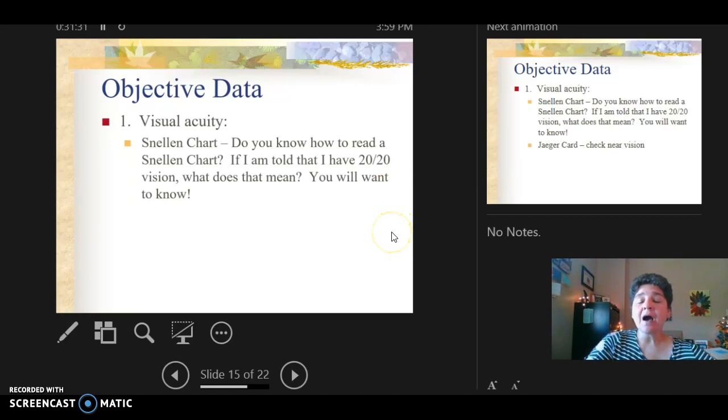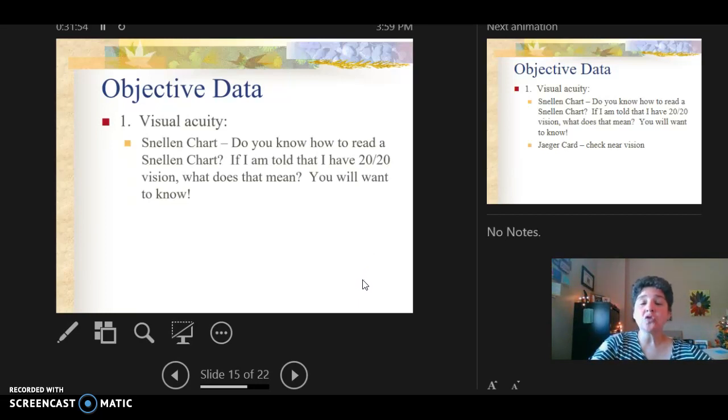If they are standing 20 feet away, and they have something called 20/30 vision or 20/40 or 20/50, that means that a different person could read that from that distance. So in other words, if they have 20/30 vision, they are standing at 20 feet away and they can read that particular line.